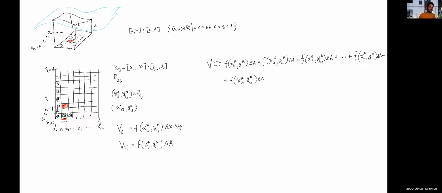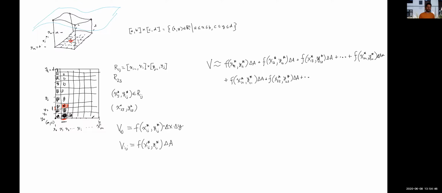So we've gone up this entire row, done all these squares, then we move down to here, and then we'll start going up this row and computing the volume above each of these squares, or the approximating volume. So we get f of x 2,2 star, y 2,2 star, dA.